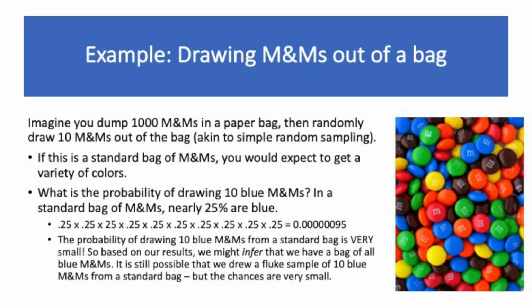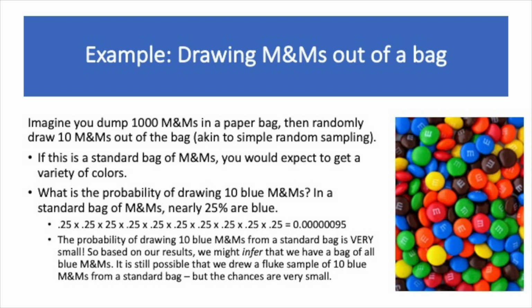People must like blue. So now we can calculate the probability of drawing 10 blue M&Ms in a standard bag, because we know that about 25% of the time we would be expected to draw a blue M&M in a standard bag.